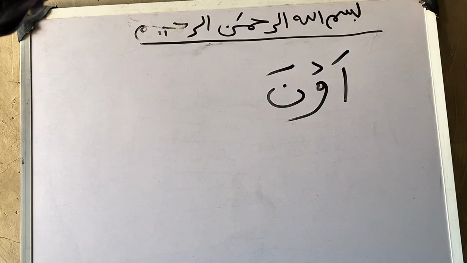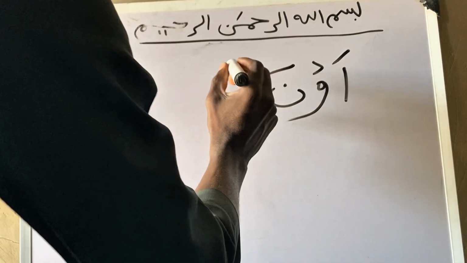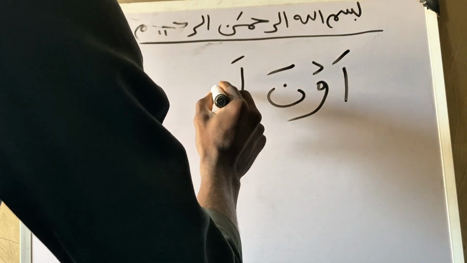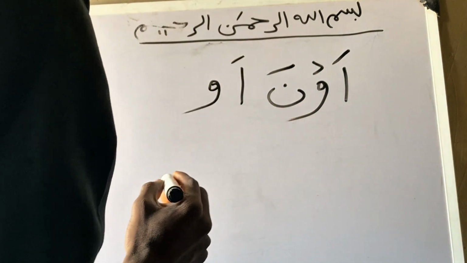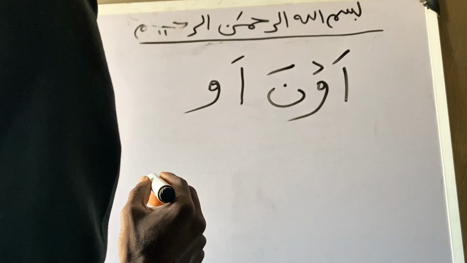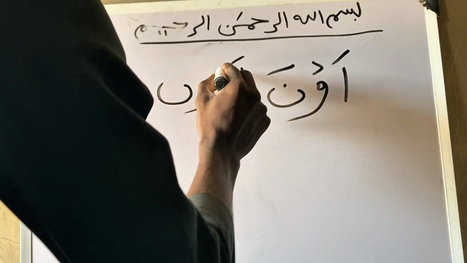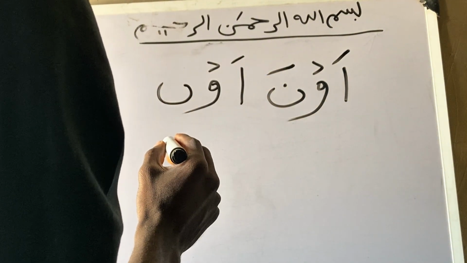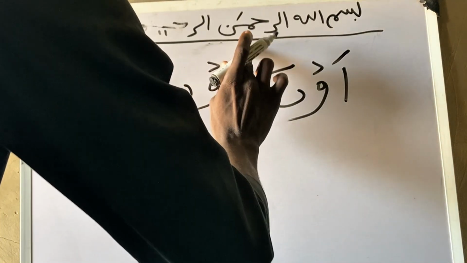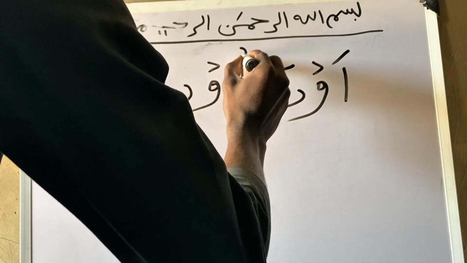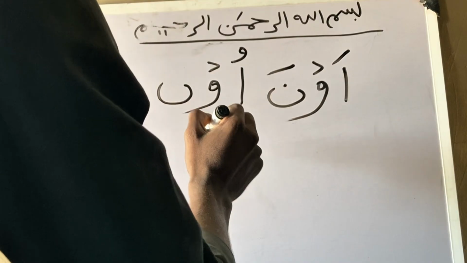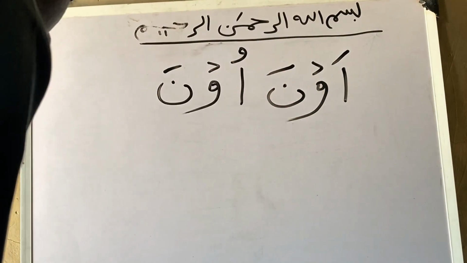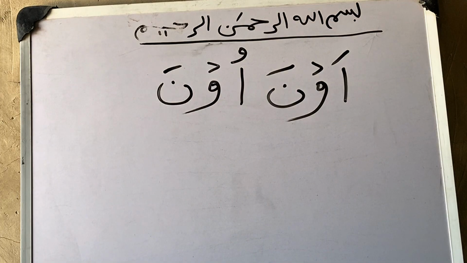Now let's go to the second. Alifun, Wa'un Sukun, Nunun Fatha. Let us put Dhamma here. Alifun Dhamma: U, Wa'un Sukun, Nunun Fatha: Na. Now how do we call this one?